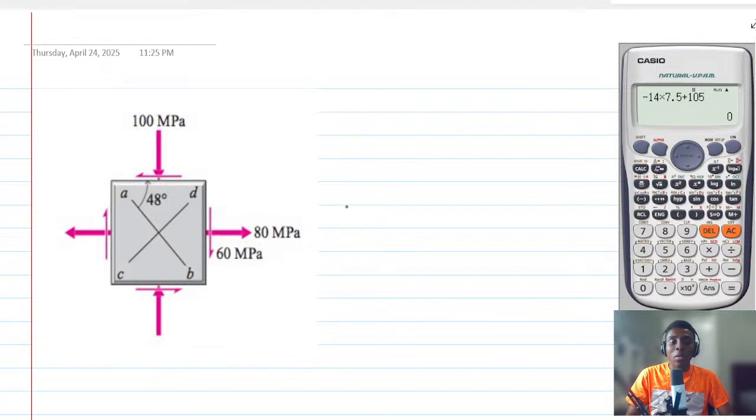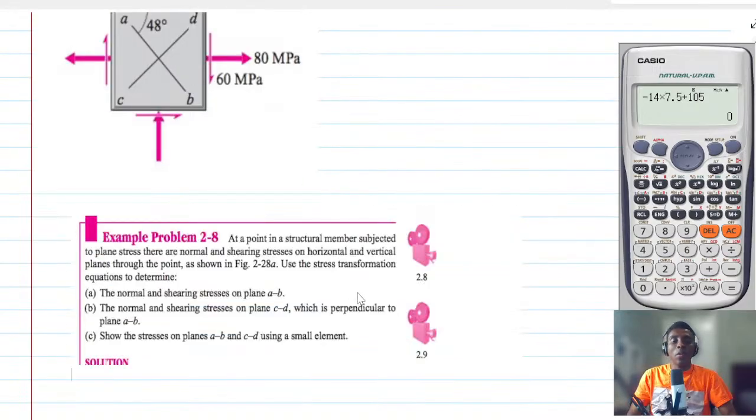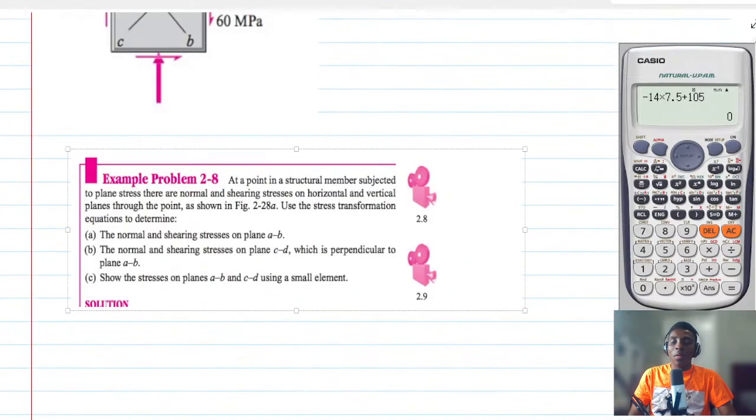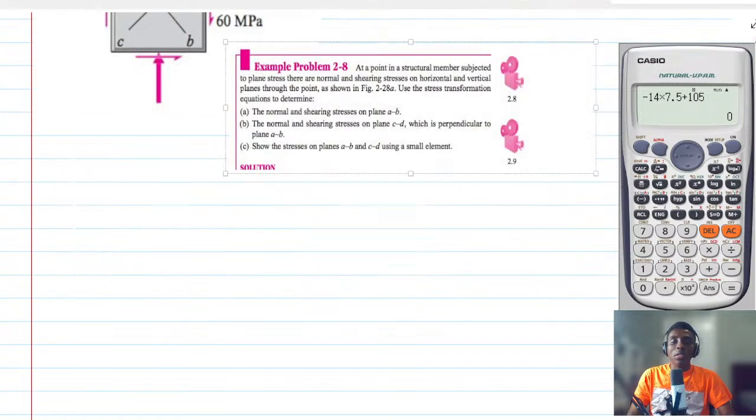Okay, so this question. All right, can you all see? I'm sure you can all see it.